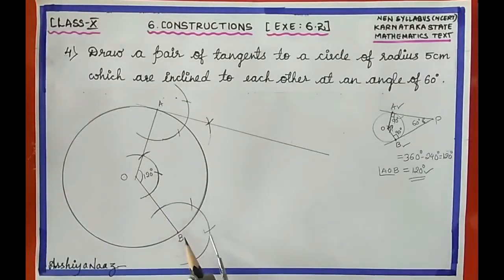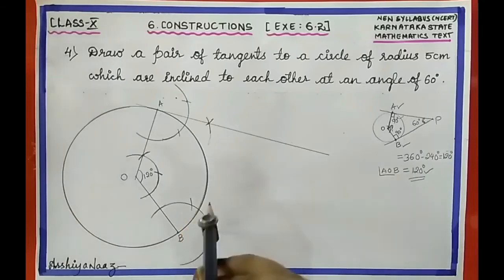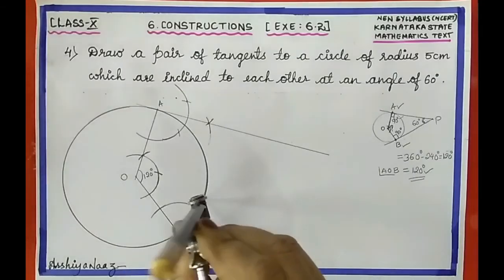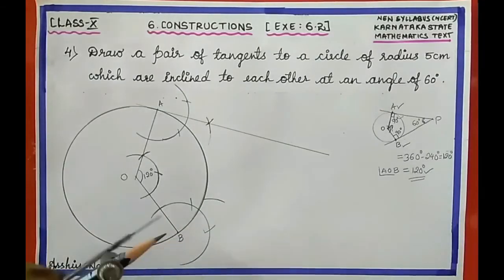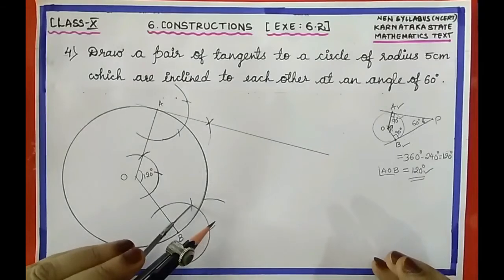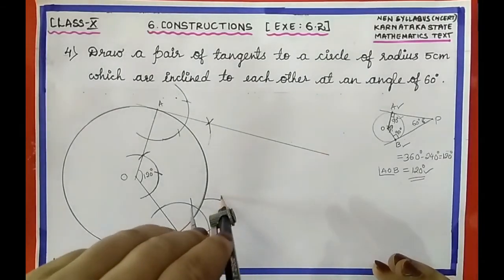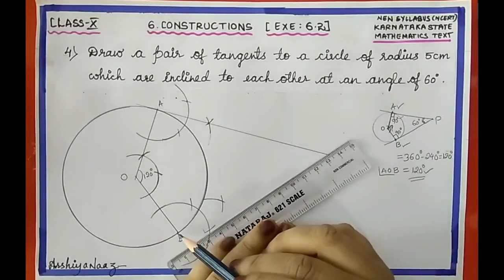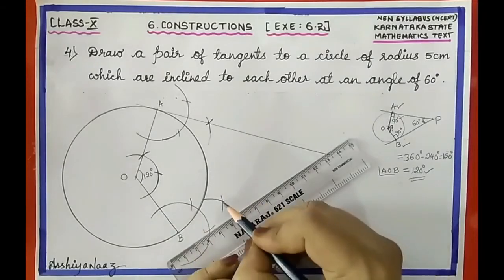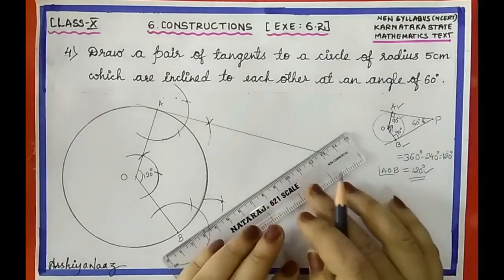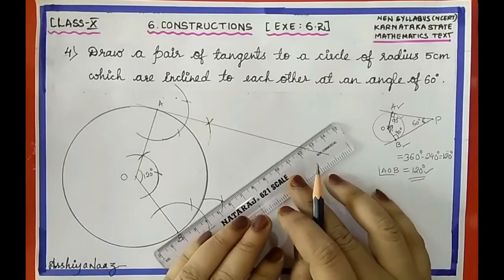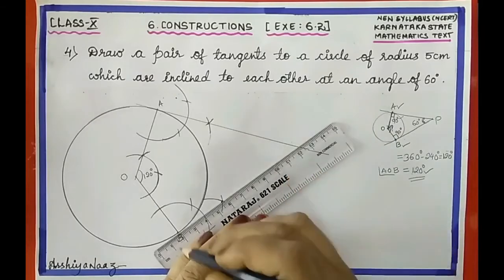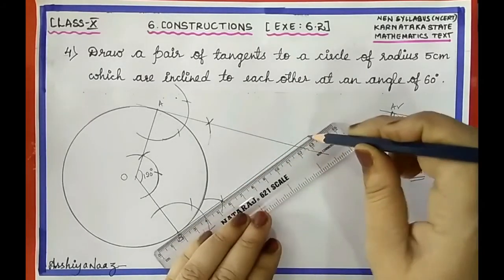Now with these two points, draw the two intersecting arcs. Now draw a line from the point B through the point of intersection of the arcs. Like this.